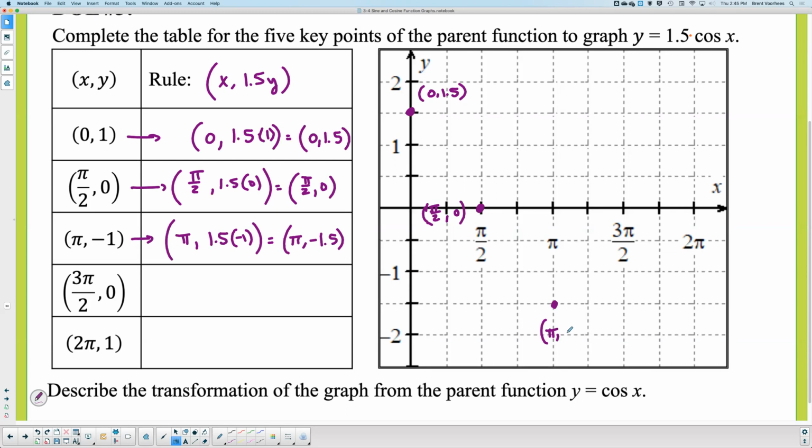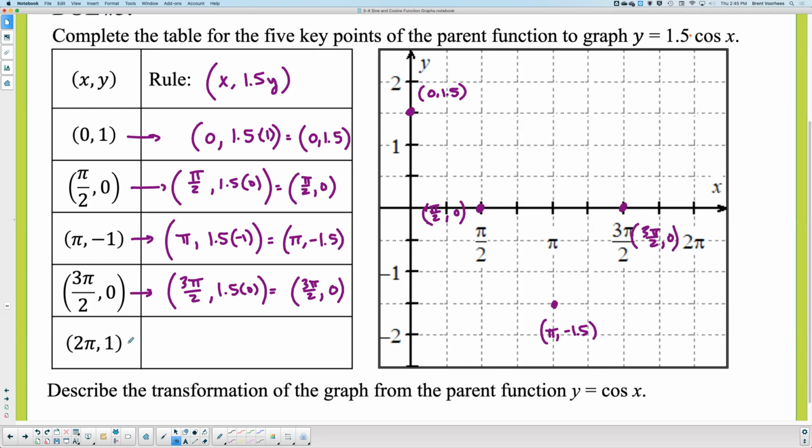Pi, comma, negative 1.5. And then, again, we're not changing the x, so it remains 3 pi over 2. That's now 1.5 times 0, which is 0. There's that point. 3 pi over 2, comma 0.